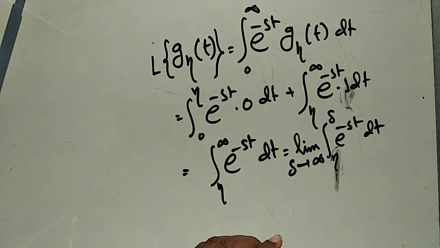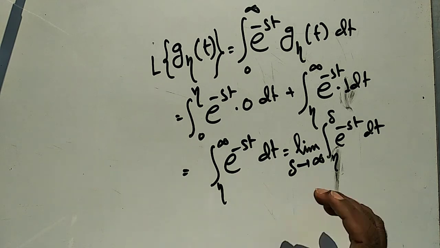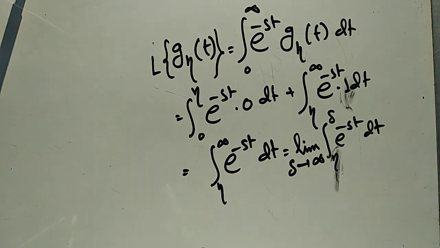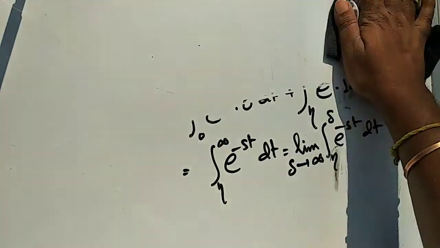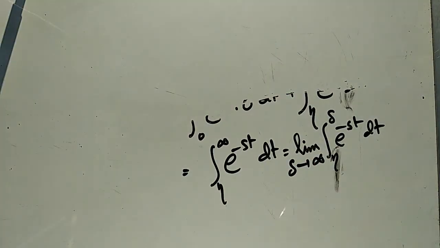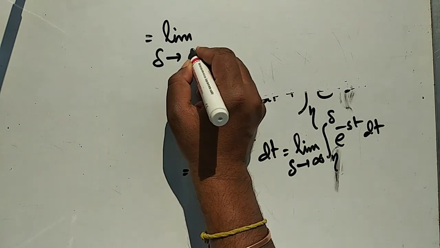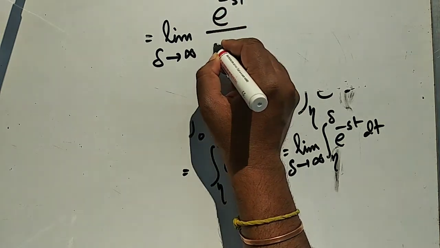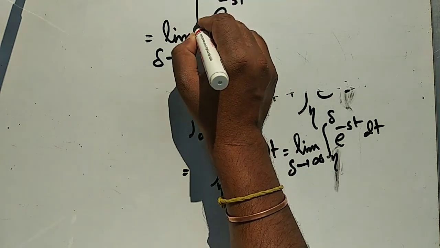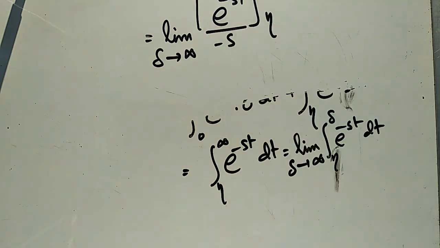Okay, now it is enough to find this integral. Now what is the value of this integral? Value is limit delta tends to infinity e to the power minus st divided by minus s, eta to delta.